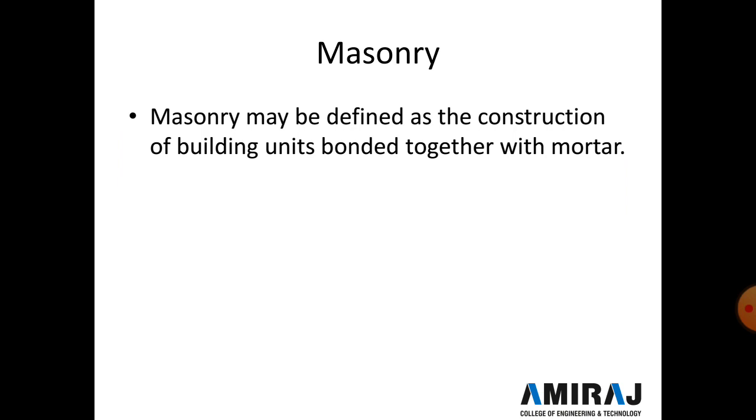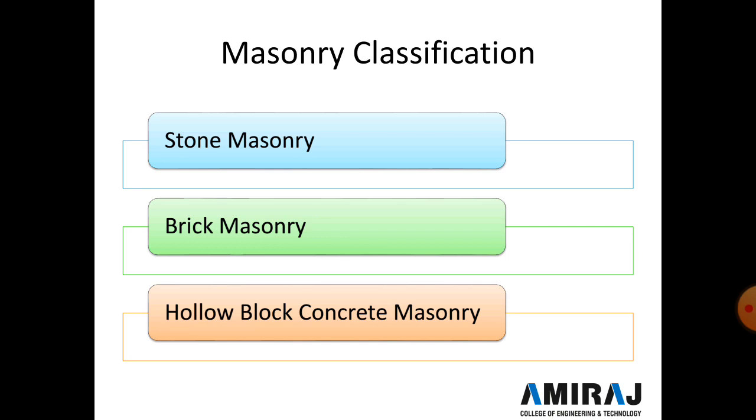This type of concrete block is light in weight and is used in high-rise buildings because it is light in weight and its strength is higher as compared to stone or brick.